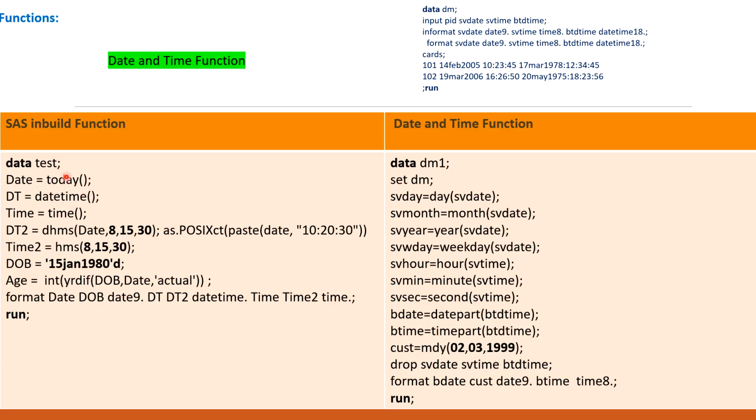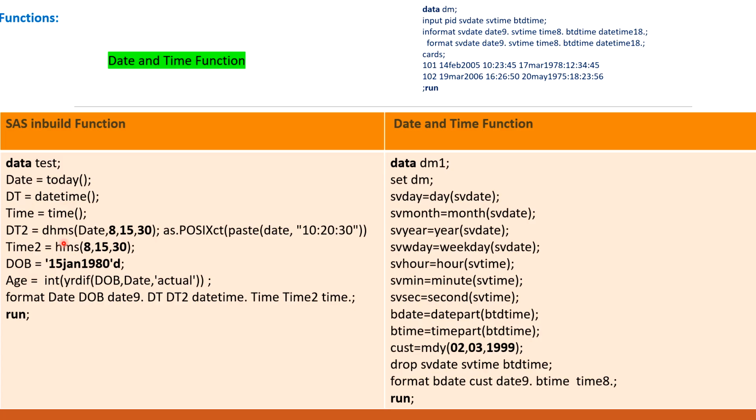If we use today, we will get today's date. These are inbuilt functions. Datetime will give date and time, or if you want only time, we use time.